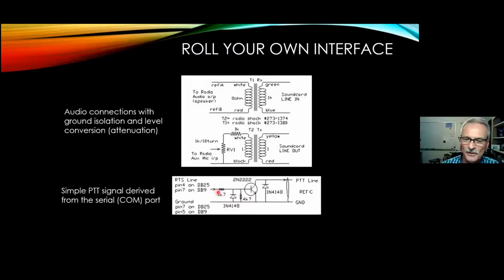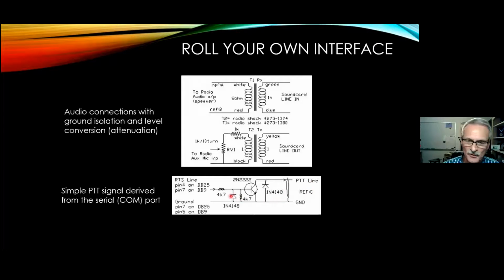Just take that one line, drop the level down a little bit with the resistor here, and then protect it for reverse polarity because the RS-232 interface goes both positive and negative. And then just fire a 2N2222 PNP transistor here, tie that to your push-to-talk line, and we're good to go.